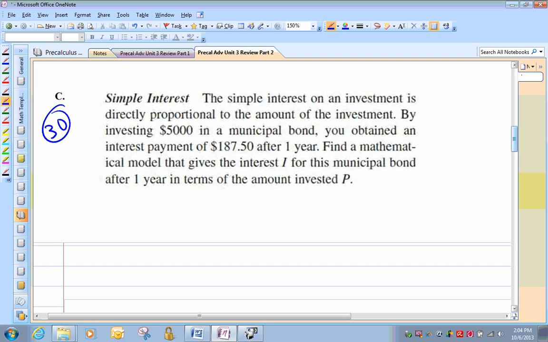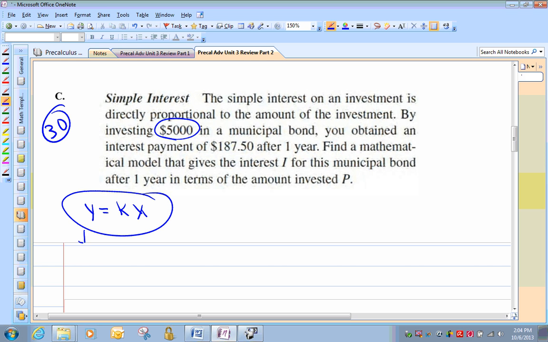All right, so interest on an investment is directly proportional. Remember, that is always going to be our y equals kx equation. That's directly proportional to the amount of the investment. So by investing $5,000, okay, that's how much money we're going to invest.